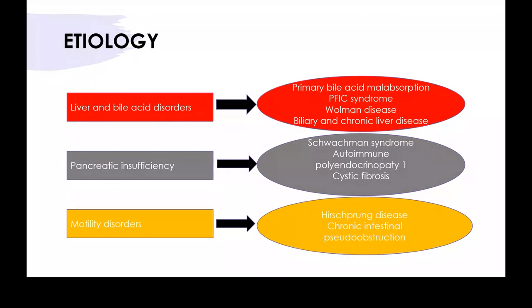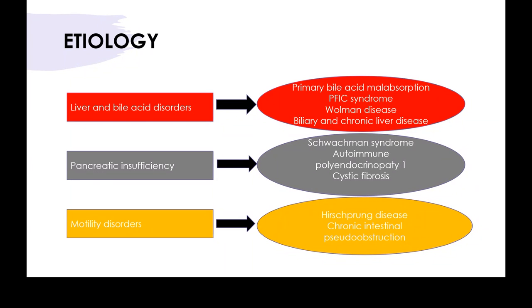Then looking at the liver and bile acid disorders which cause chronic diarrhea, the commonest conditions are primary bile acid malabsorption, the PFIC syndrome, that is progressive familial intrahepatic cholestasis, which was earlier called Byler disease, and all the other biliary and chronic liver diseases. Causes of pancreatic insufficiency which cause chronic diarrhea are Shwachman syndrome, autoimmune polyendocrinopathy type 1, and cystic fibrosis.